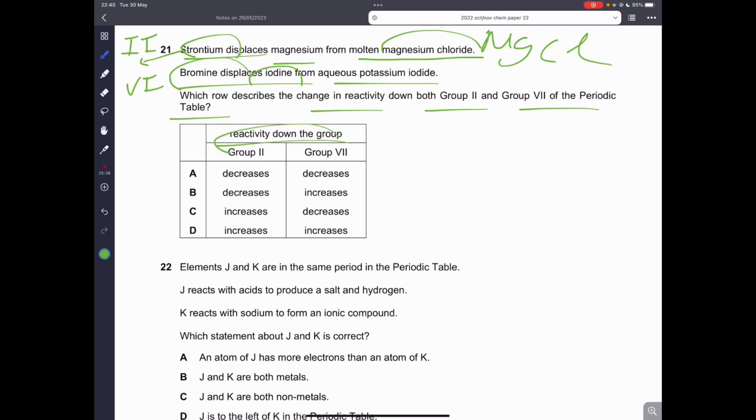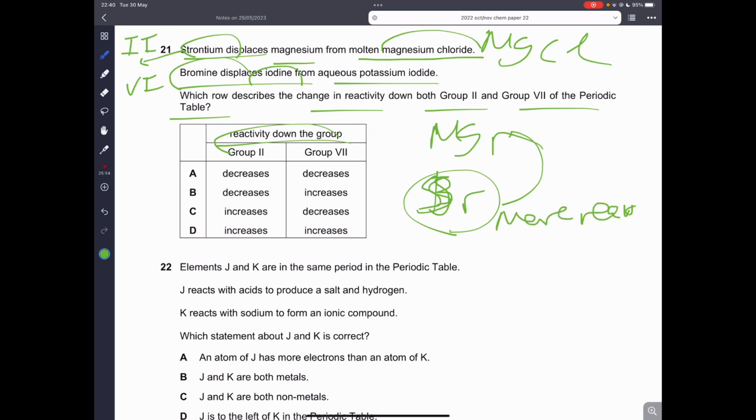Since strontium replaces magnesium, which is above it, it is more reactive. And since bromine replaces iodine, which is below it, this is more reactive.